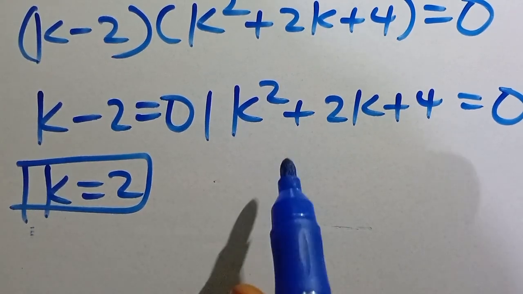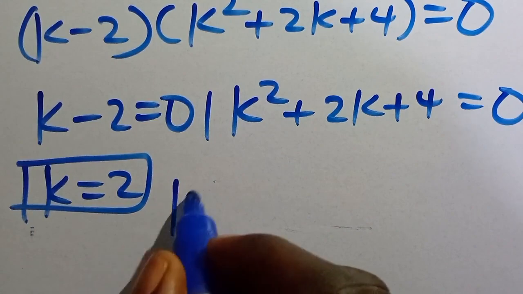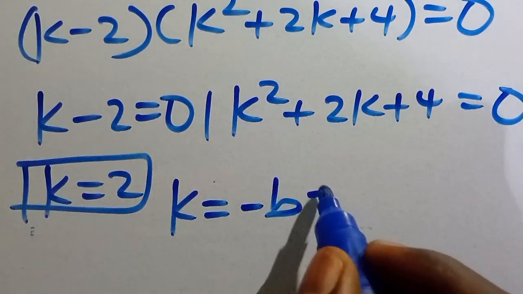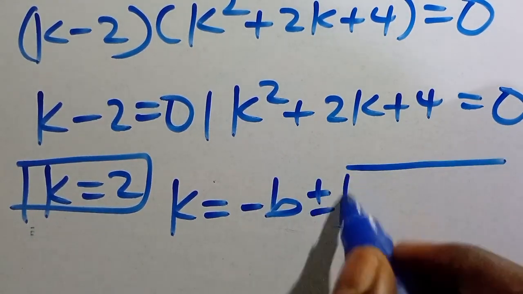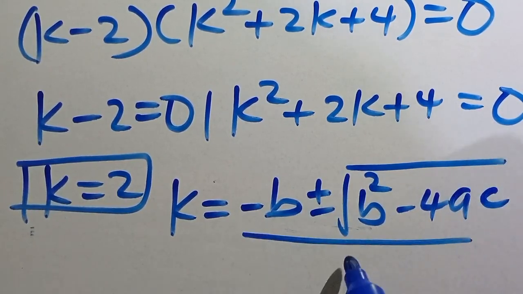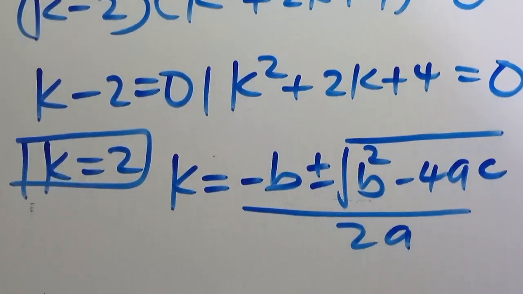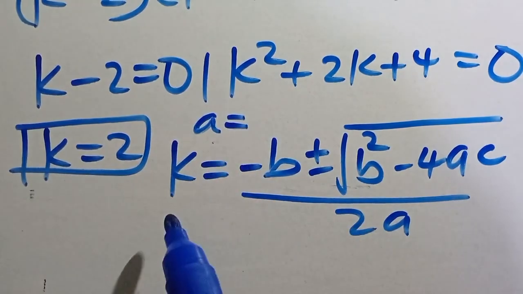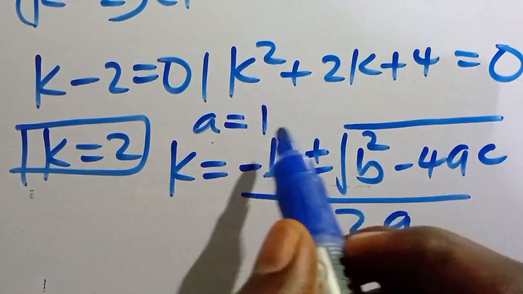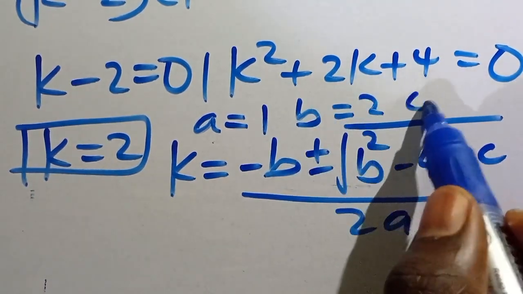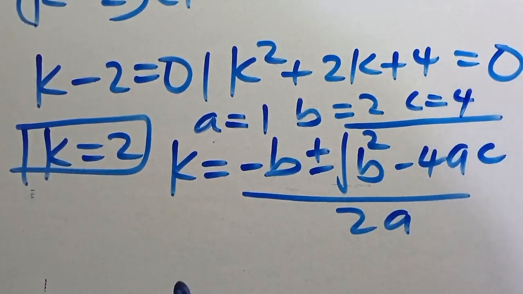Then from here we can also get k from the quadratic formula, where k equals minus b, positive or negative, square root of b square minus 4ac, divided by 2a, where parameter a is the coefficient of k square, which is 1, parameter b is the coefficient of k, which is 2, and parameter c equals 4.